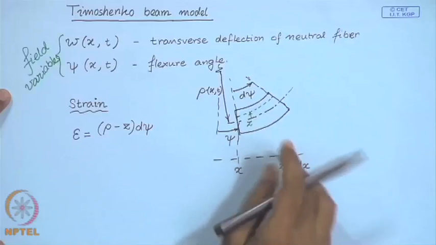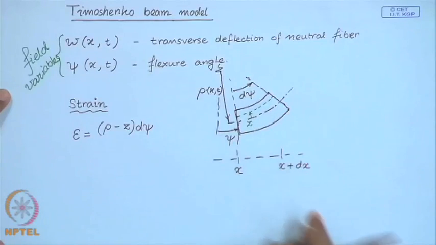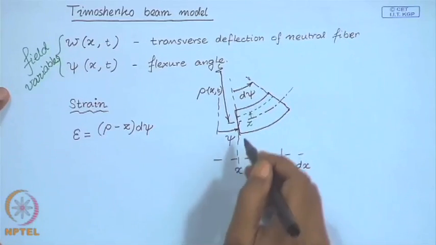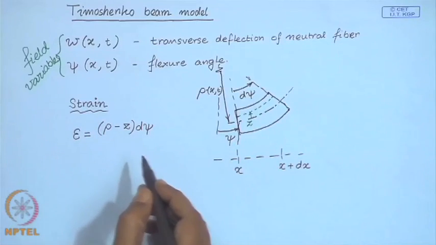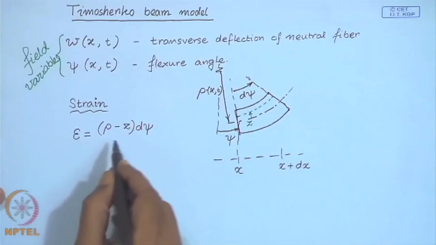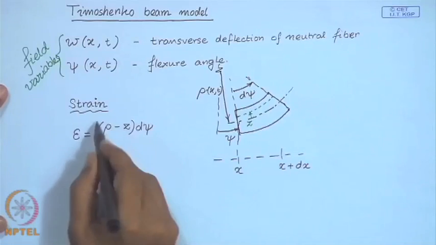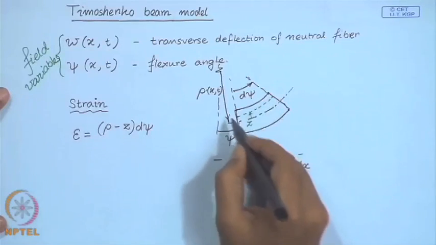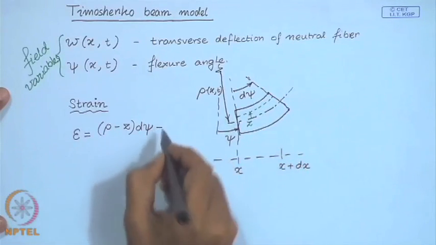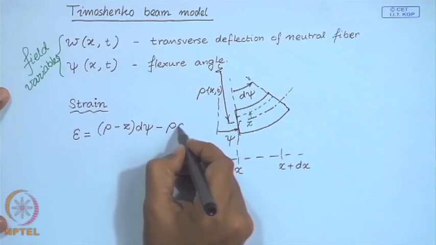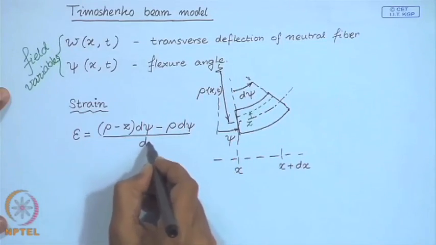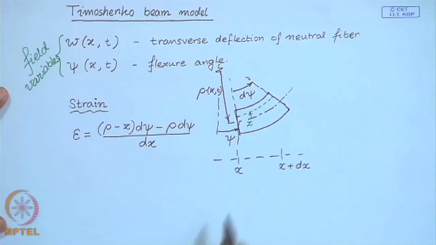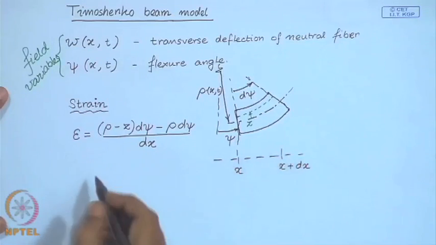So, we are considering an element between x and x plus dx. So, the strain can be written as the current length of this fiber minus its initial length divided by, so that is the length of the element.